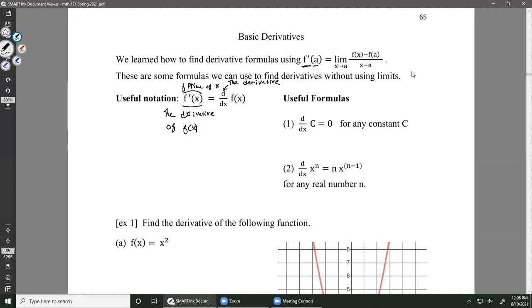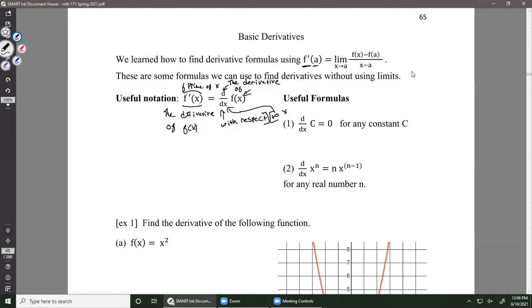And then you say of whatever function you're looking at. And then you read this bottom piece with respect to x. So the derivative of f of x with respect to x.